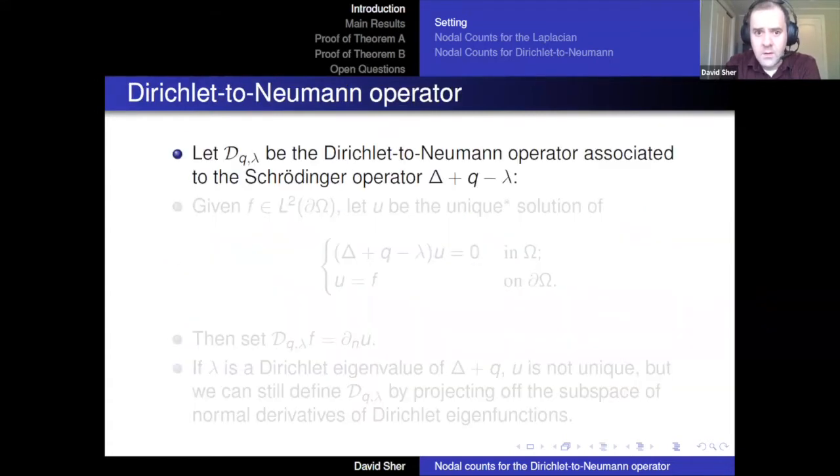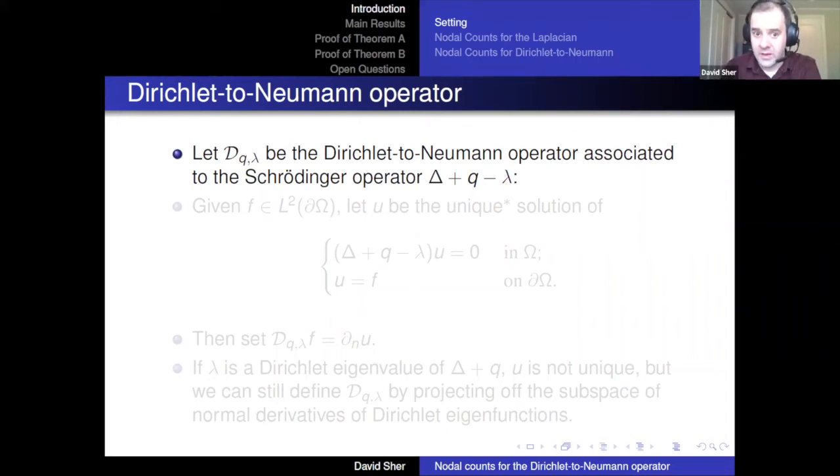Okay. So we're going to define the Dirichlet-to-Neumann operator associated not to the Laplacian, but to the Schrodinger operator delta plus q, the potential, minus lambda. So both q and lambda are in there. And yes, you can sort of absorb lambda into q at times, but it helps to have them separate for reasons that we're going to see related to Robin problems.